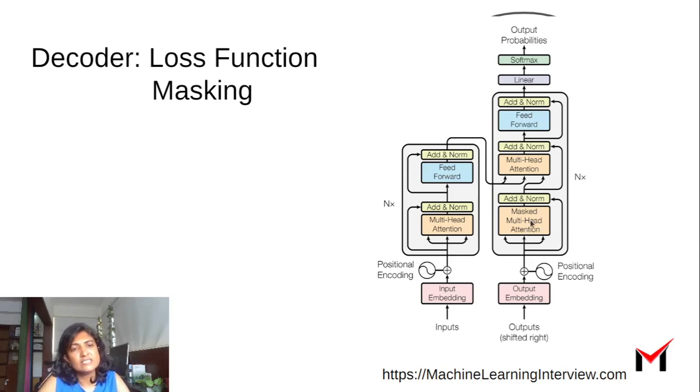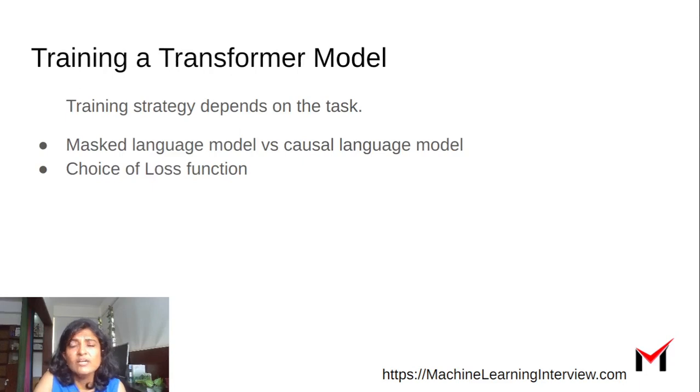What this means is that when we generate text, in the decoder part, we always apply this masking to make sure that we are not looking into the future, right? So these are the various parts of the transformer model.